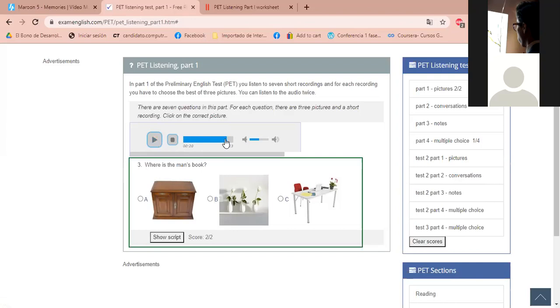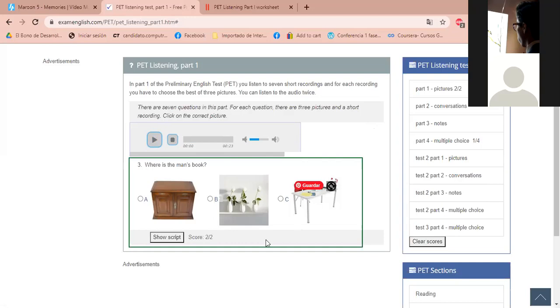Maybe there. Sí, tal vez esté ahí. Voy a buscar. Here it is. It was on the shelf all the time. La palabra clave aquí es here it is. Aquí está. It was on the shelf after all.